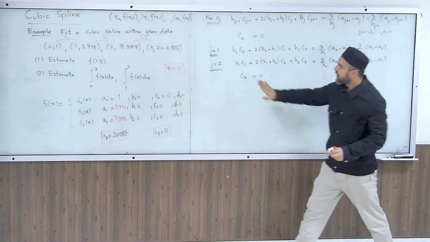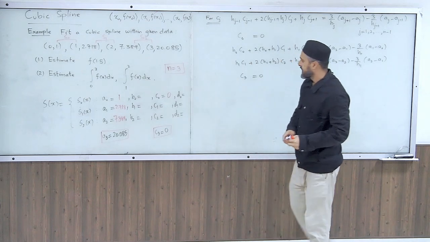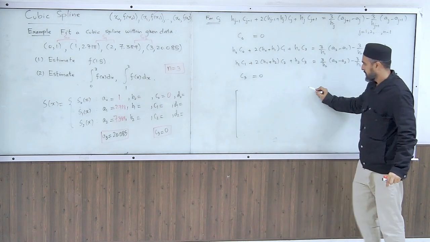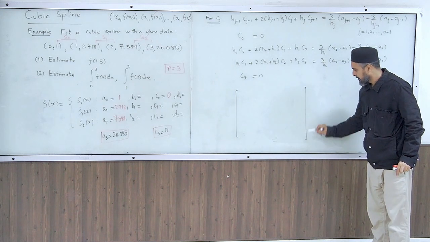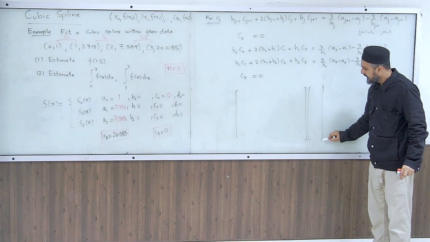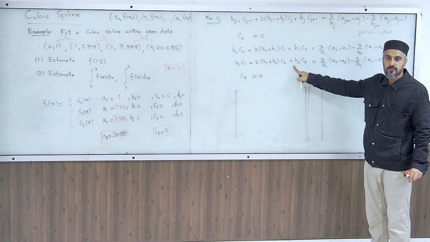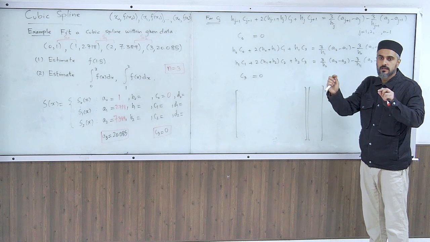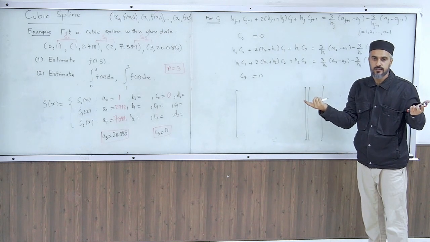Now, because if we got 10 unknowns, 5 unknowns, or 100 unknowns, you can't just manipulate the equations and find those values.